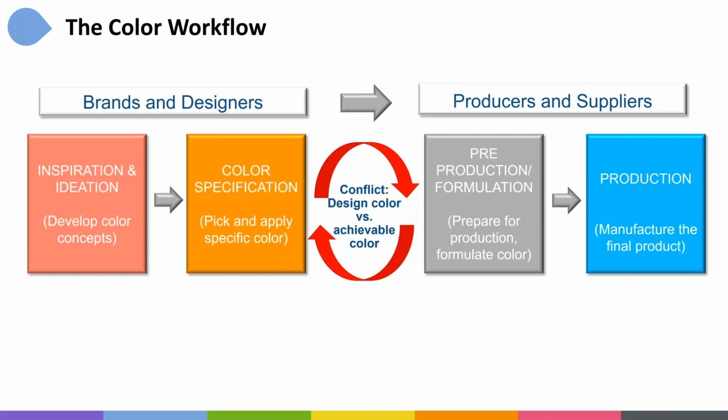So taking this idea, whether it's a product or packaging for a product or whatever that may be, and start to think about how we are going to develop our color palettes and how we may be able to use tools offered by X-Rite and others to start to do some pre-visualization, come up with maybe some digital prototypes instead of physical prototypes before we even get into the next step. So today we'll be talking about that, and then in section 2 I'll be talking about color specification. So let's get started.